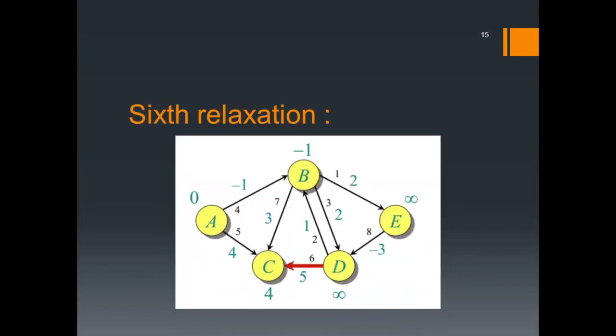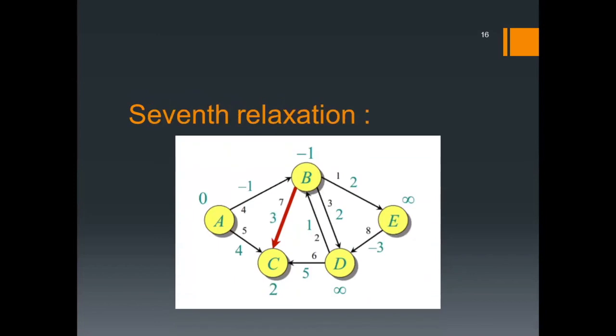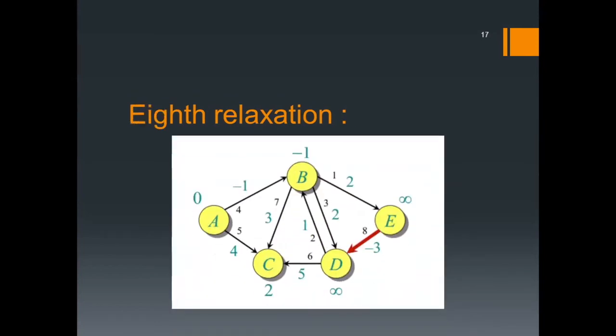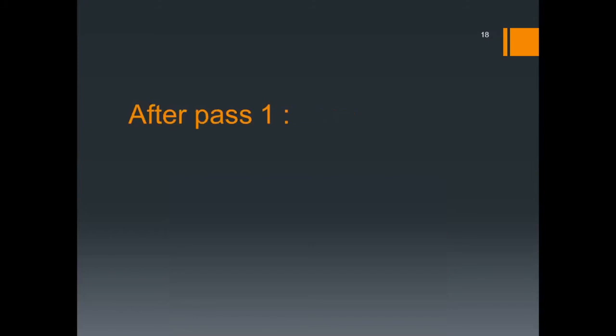Sixth relaxation, that is infinity plus 5 is equal to infinity, and infinity is obviously greater than 4, and that's why C will not update. And seventh relaxation is minus 1 plus 3 is equal to 2, and 2 is obviously less than 4, and that's why C will be 2. Eighth relaxation, that is infinity minus 3 is equal to infinity, and D is already infinity, that's why it will not update. And after the first pass, our graph looks like that.